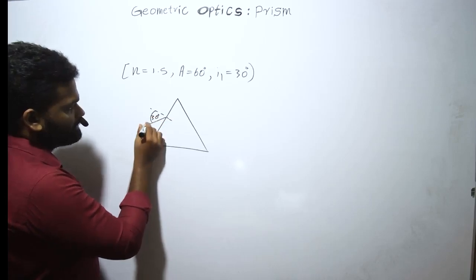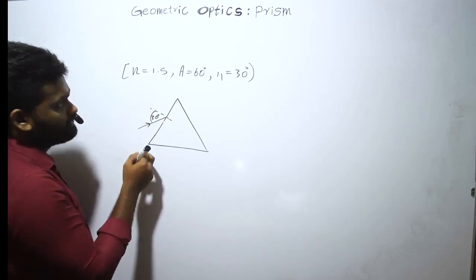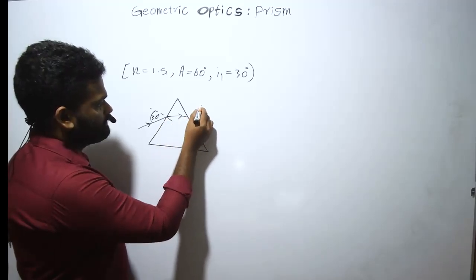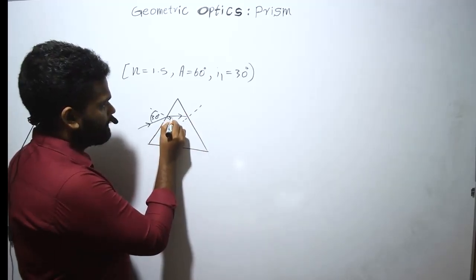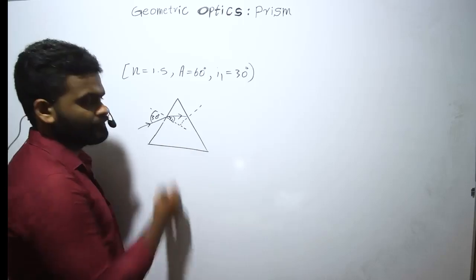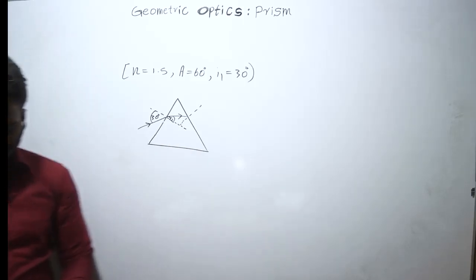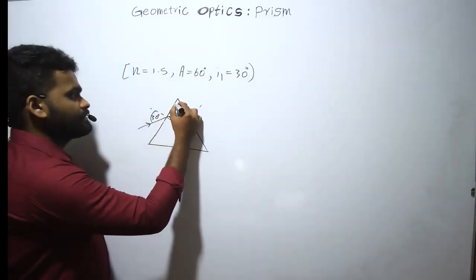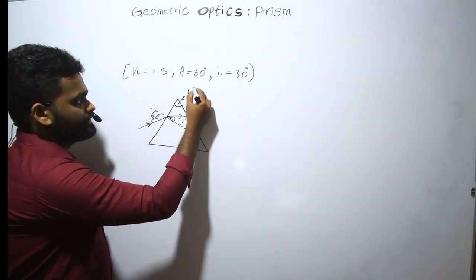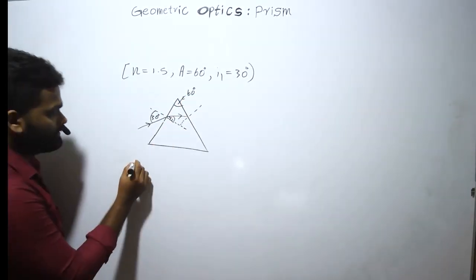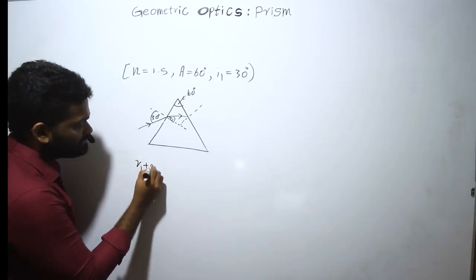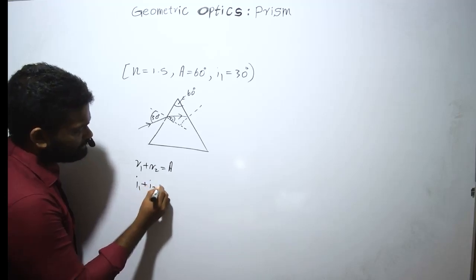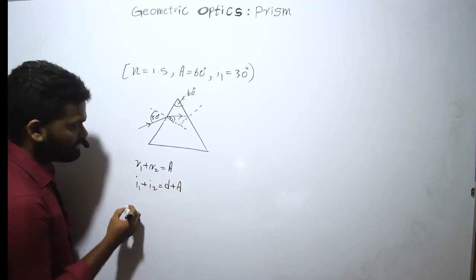So I1 is 30 degrees, this is the incident angle. And the prism angle, we know, is 60 degrees. R1 plus R2 is equal to A. Another one, I1 plus I2 equals D plus A. And Snell's law.